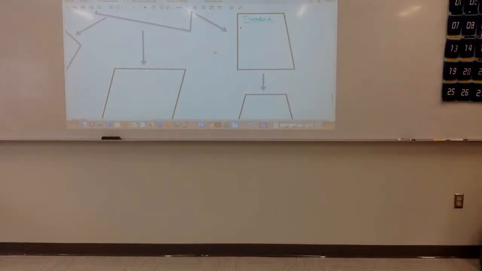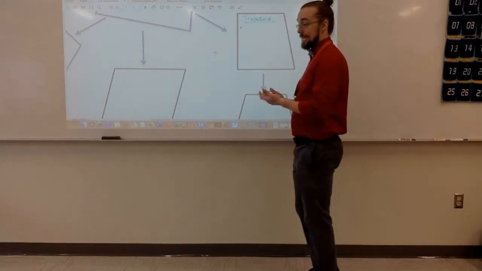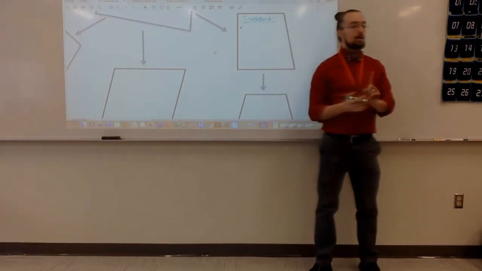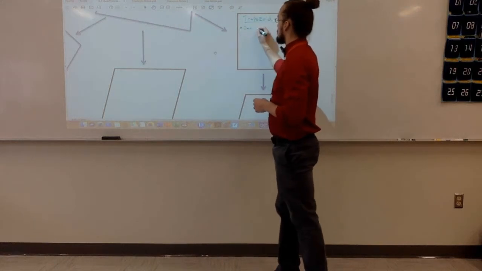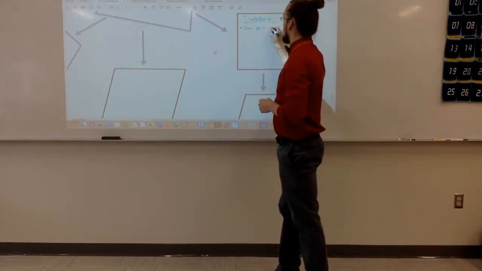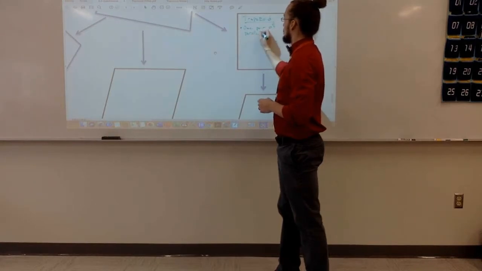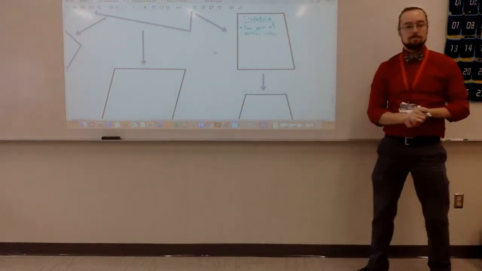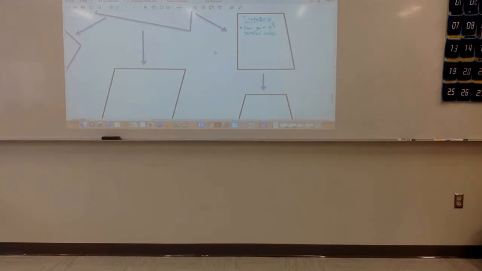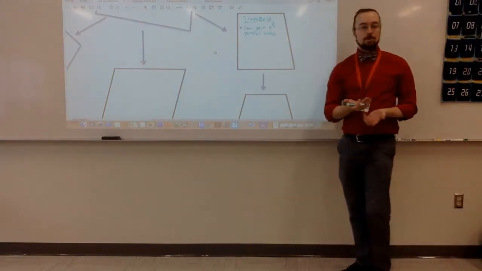Our definition of a trapezoid was that it has exactly one pair of parallel sides. That's our first property here. One pair of parallel sides.